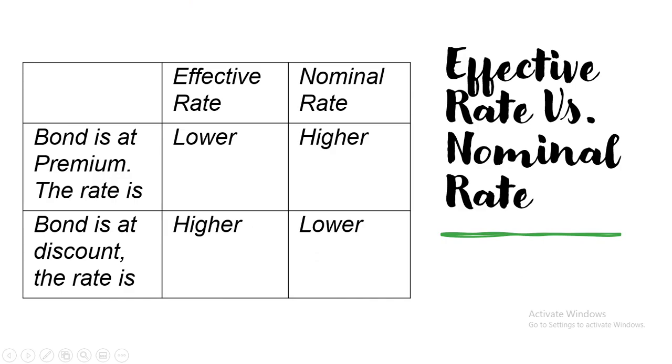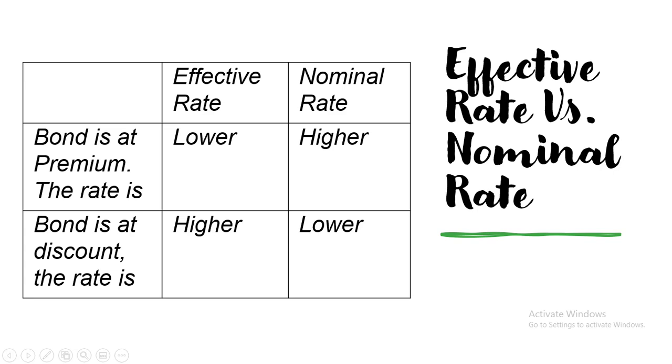Now for effective interest rate versus nominal rate: to determine if the bond is issued at a premium or at a discount, you can take a look at the effective rate and the nominal rate. If the bond is issued at a premium, the effective rate is lower than the nominal rate. In other words, the nominal rate is higher.